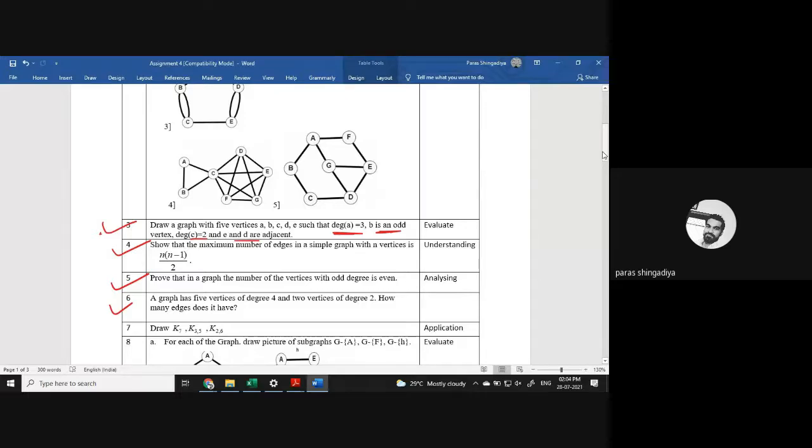In that we have a graph with 5 vertices of degree 4 and 2 vertices of degree 2. So how many edges does the graph have?